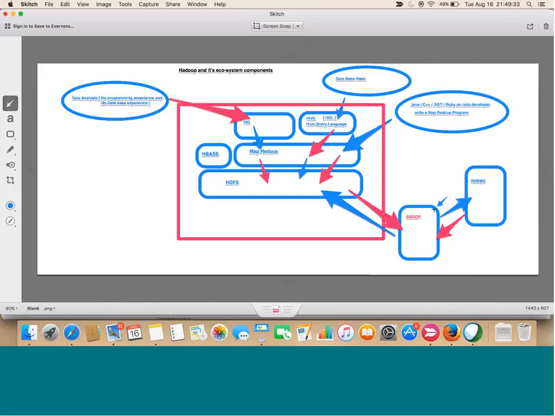Now, this is what Sqoop is. Just imagine an ice cream scoop, take it out and dump it here, and vice versa, from HDFS to RDBMS and RDBMS to HDFS. So these are the core important ecosystem components of Hadoop. Any questions so far?